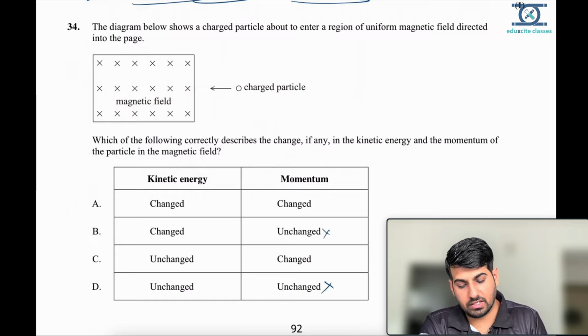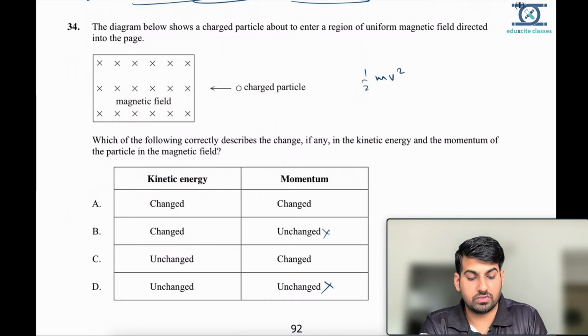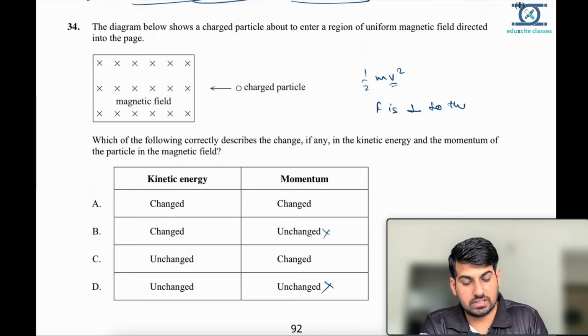Now we have to think in terms of kinetic energy. Kinetic energy is half m v square. Now we have to see if v is changing or not. We know that force is acting, but the force is perpendicular to the motion or the velocity.